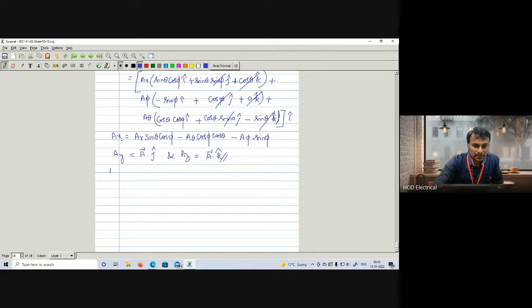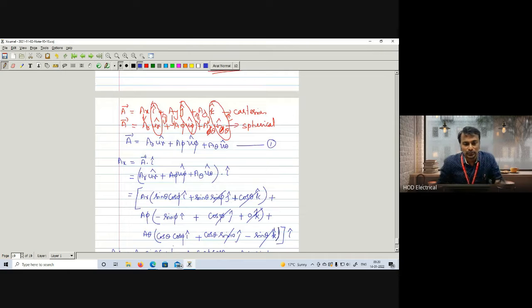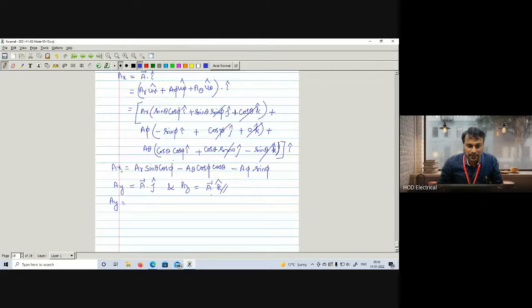AY vector can be. We have already derived AX by using this concept of the A vector equal to AR into UR. From this, AX equals A vector dot I, and A phi equals AY equals A vector dot J. Like that we have taken. So let me do this A dot J also.